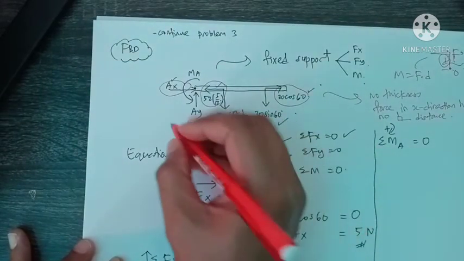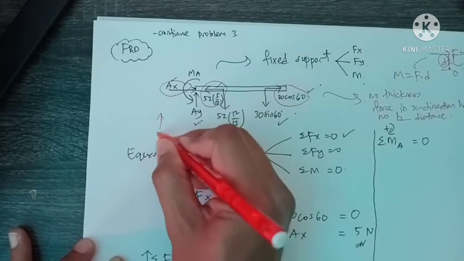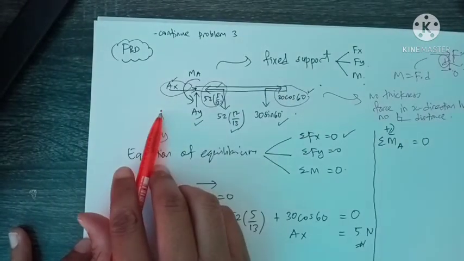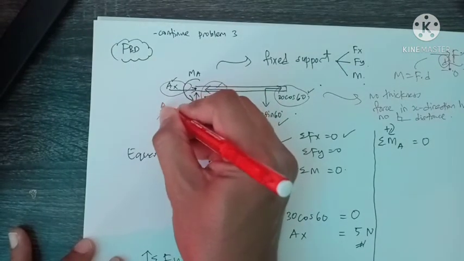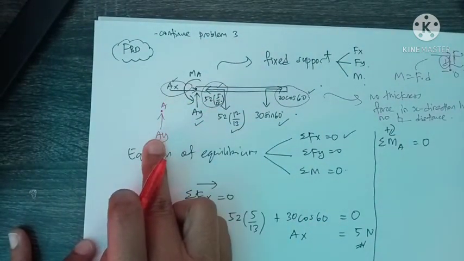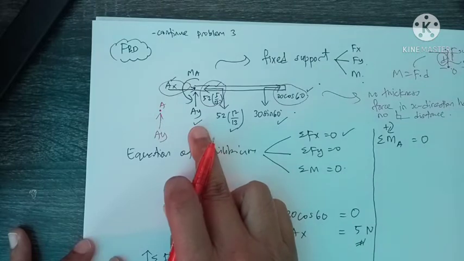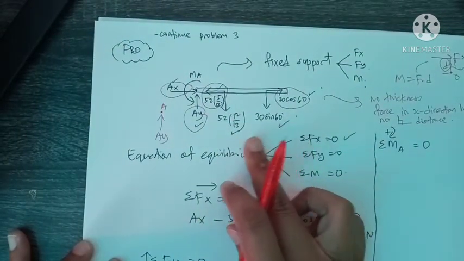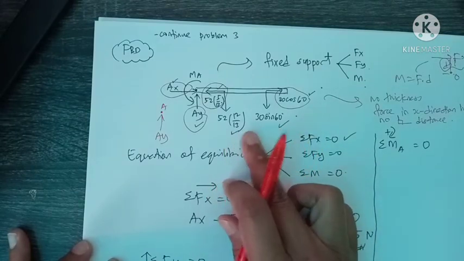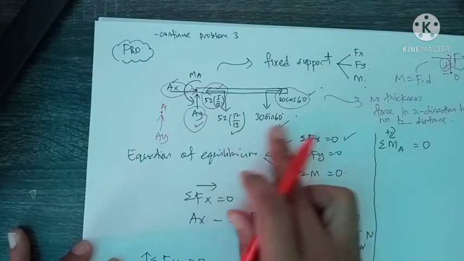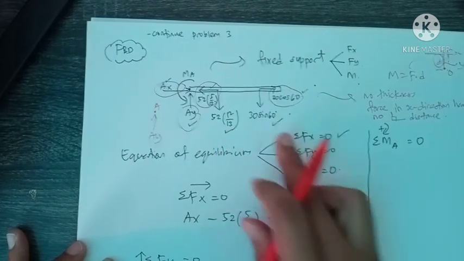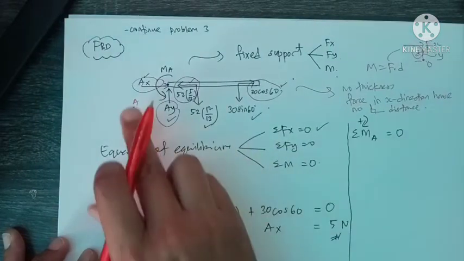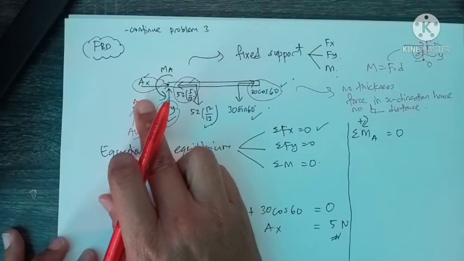So Ay goes into the point of rotation, point A, and also produces 0 moment. So it is left with two forces only, and these two forces will provide moment at point A.